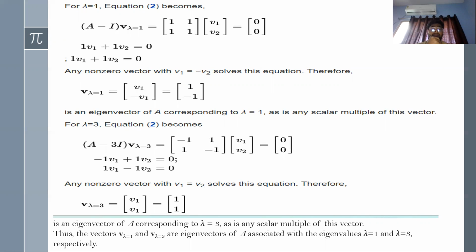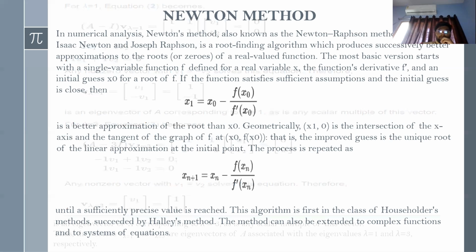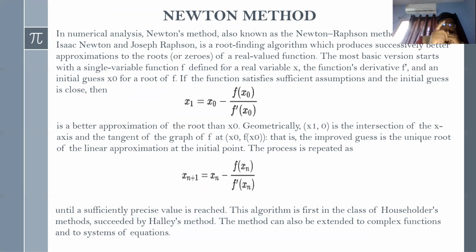Thus, the vectors v for lambda equal to 1 and lambda equal to 3 are eigenvectors of A associated with eigenvalues lambda equal to 1 and lambda equal to 3 respectively. This is the eigenvalues and eigenvectors example. Now we will go to Newton's method.